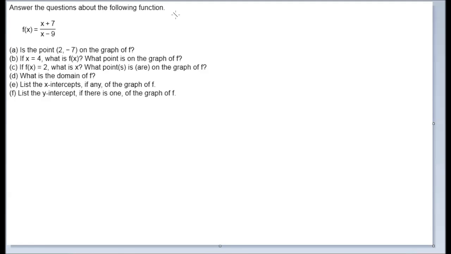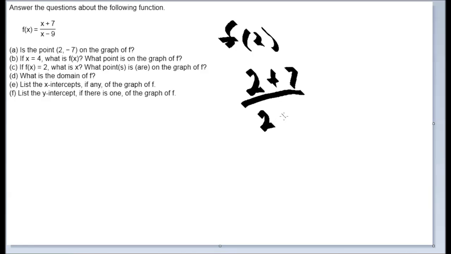Okay, take a look at this example here about how we might answer these questions about this function. First question: is the point (2, -7) on this graph? Well, all we have to do is look at what f(2) is. In other words, we put 2 in for the x's, so that would be (2 + 7) divided by (2 - 9).